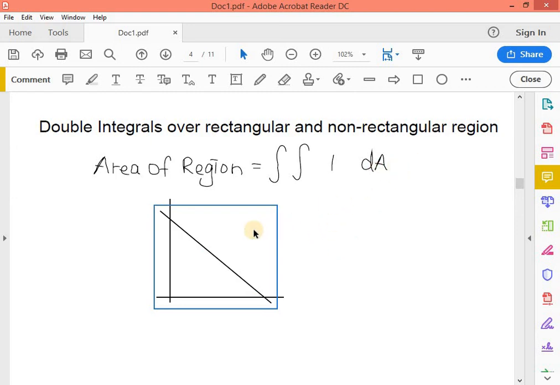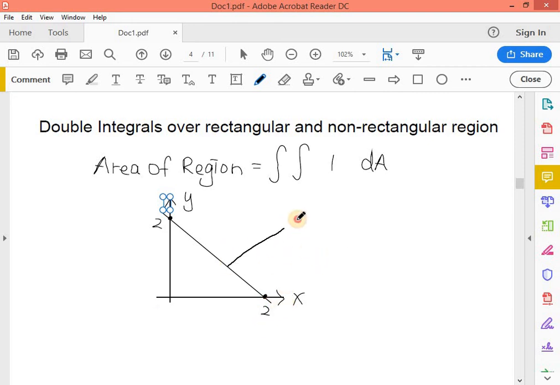Then I label it to be y. I label it to be x. Here the intersection point is 2. Here will be 2 as well.